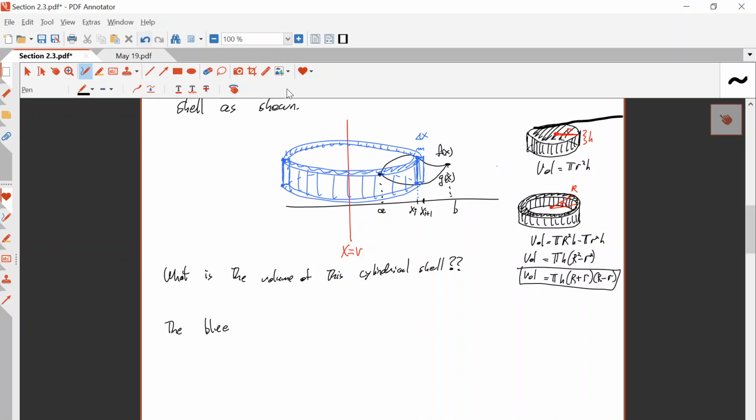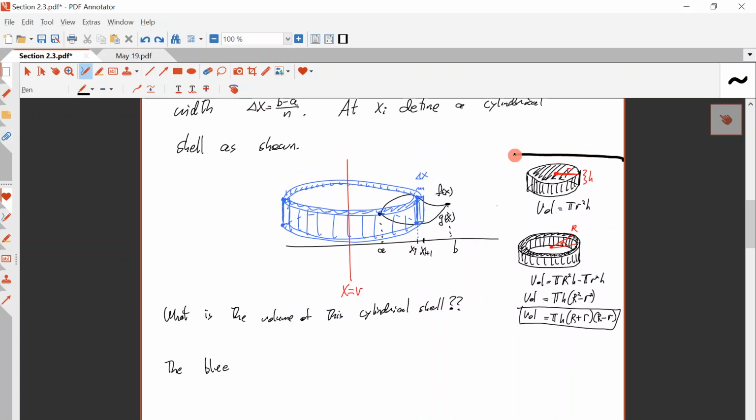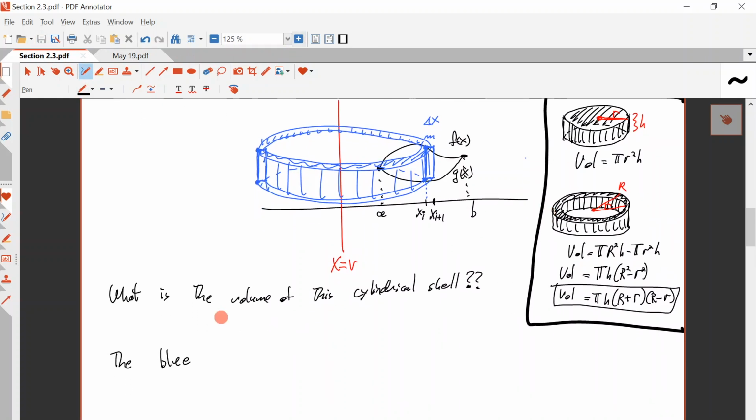Alright, the blue cylindrical shell has height, well, the distance from here to here.